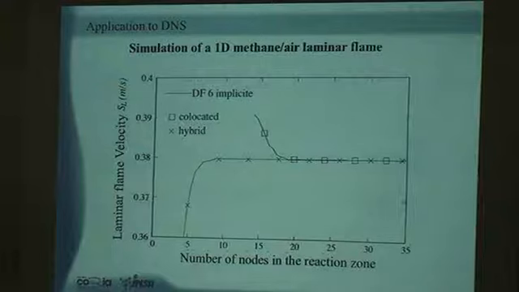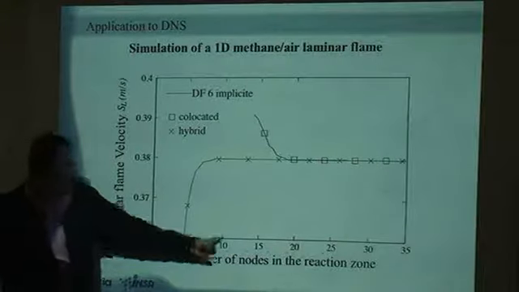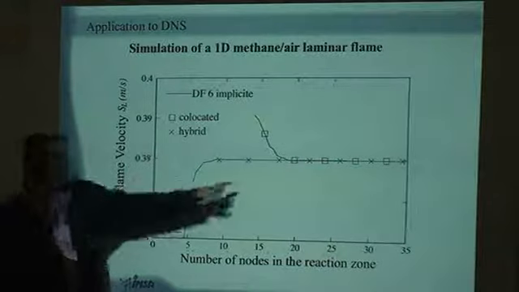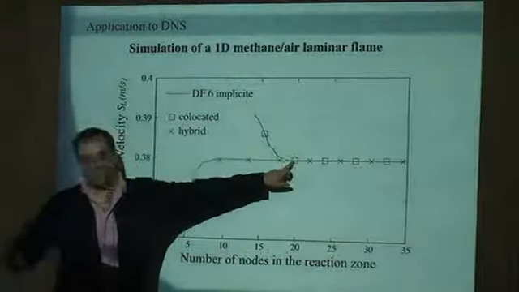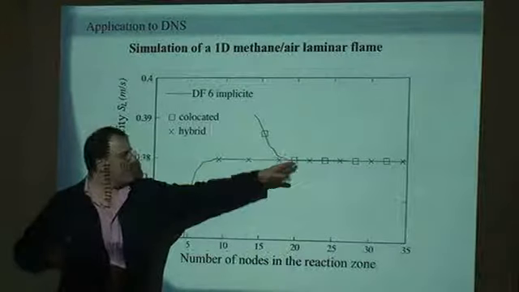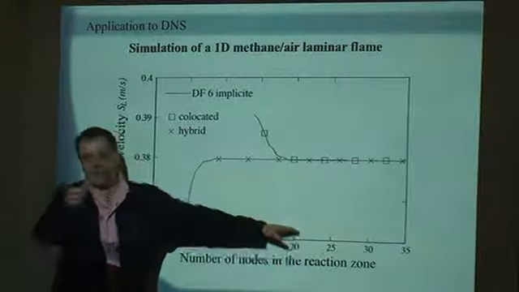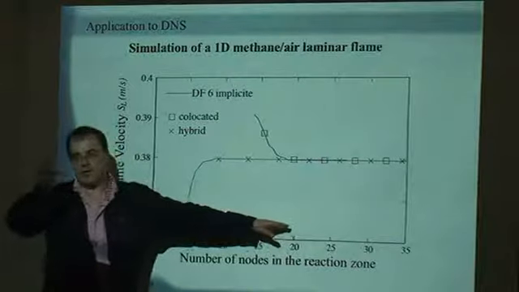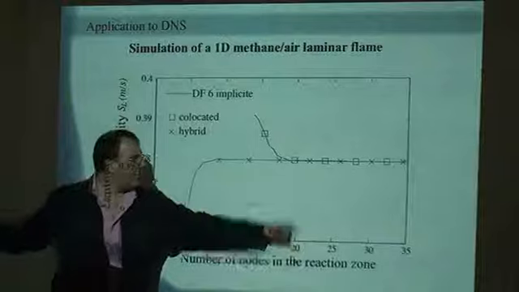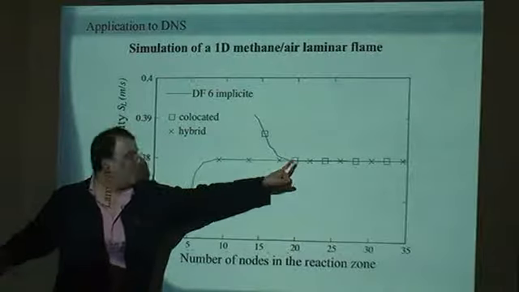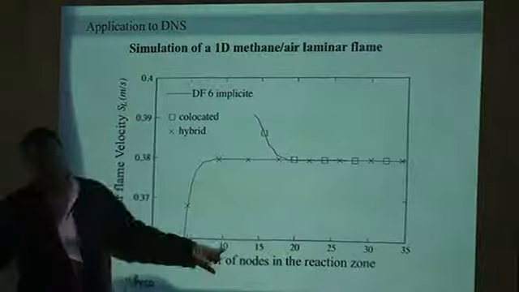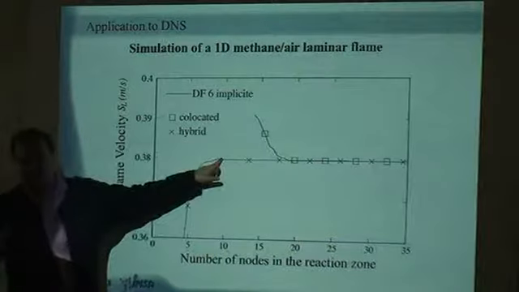Because for our problems, for only 10 points, we have a correct value. Usually DNS codes are based on collocated methods, because it's simpler, and they need something like 20, though it depends on the way you define the number of points you need to capture the velocity. And with the hybrid staggered scheme, you only need half.